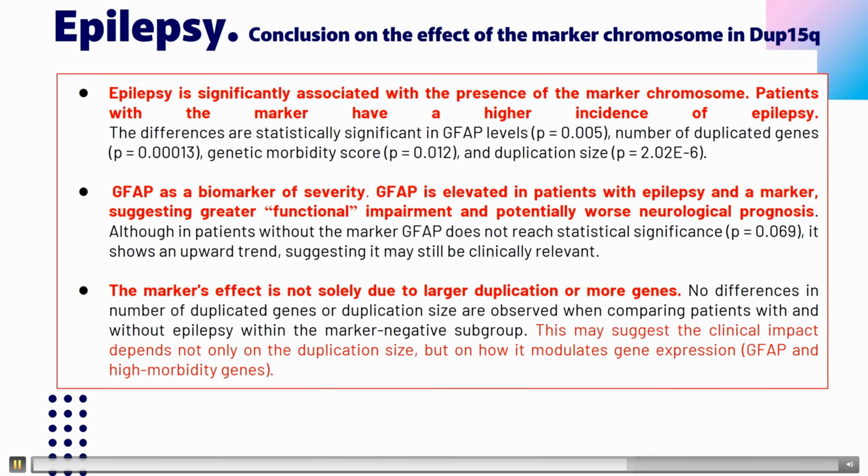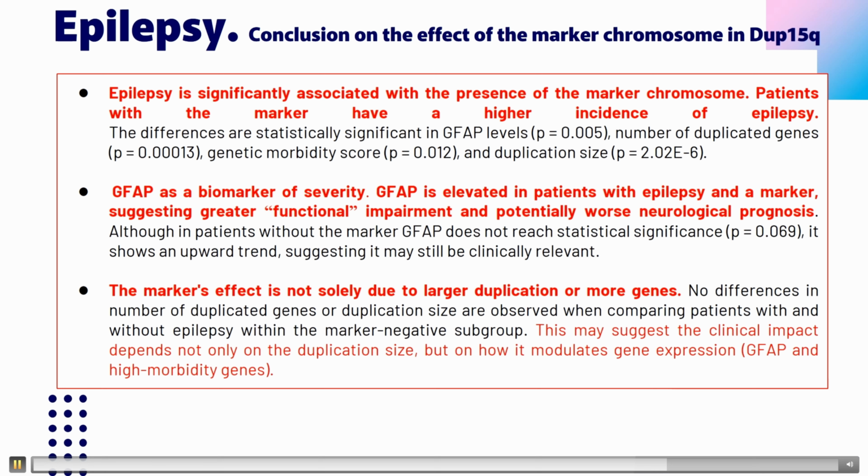Epilepsy is significantly associated with the presence of the marker chromosome; patients with the marker have a higher incidence of epilepsy. Also, GFAP is a marker of severity, elevated in patients with epilepsy and the marker, suggesting greater functional impairment and potentially worse neurological prognosis.